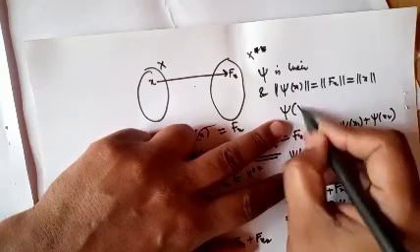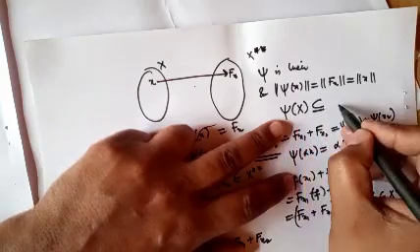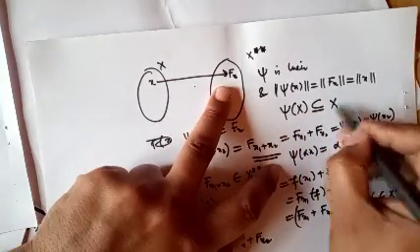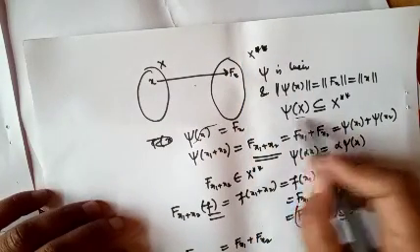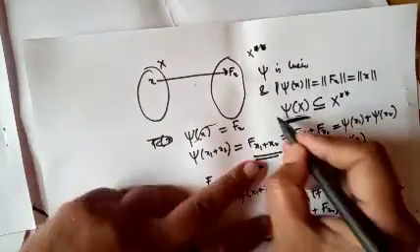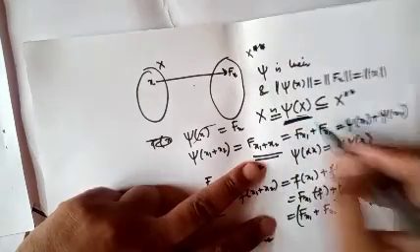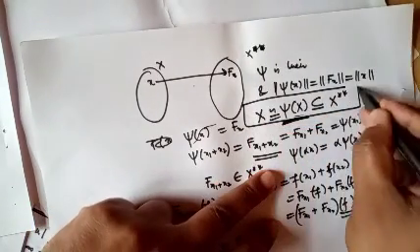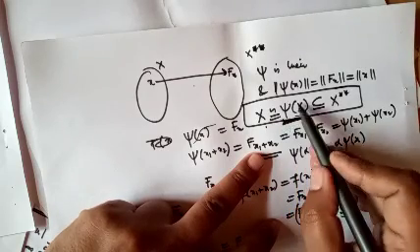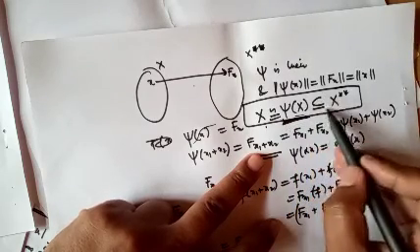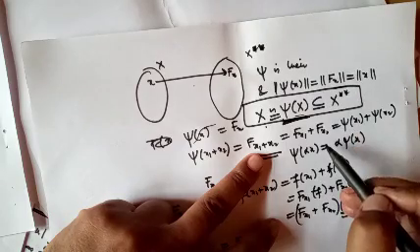So psi of X is a subset of X double star. Now remember that. And furthermore, psi of X is isometrically isomorphic to X. Now remember this: X is isometrically isomorphic to psi of X, which is contained inside X double star.